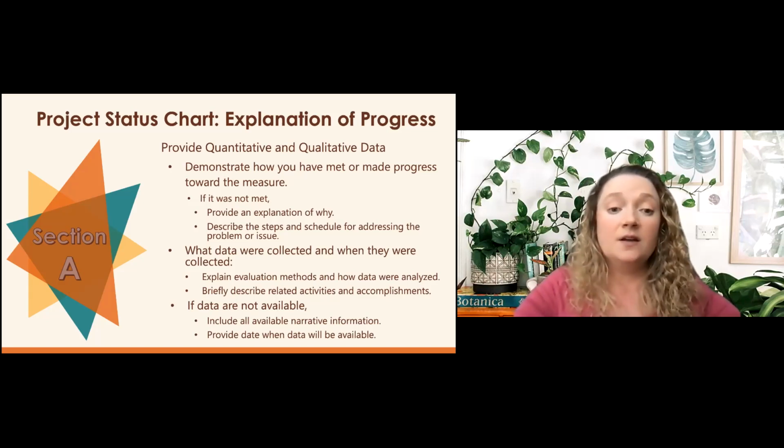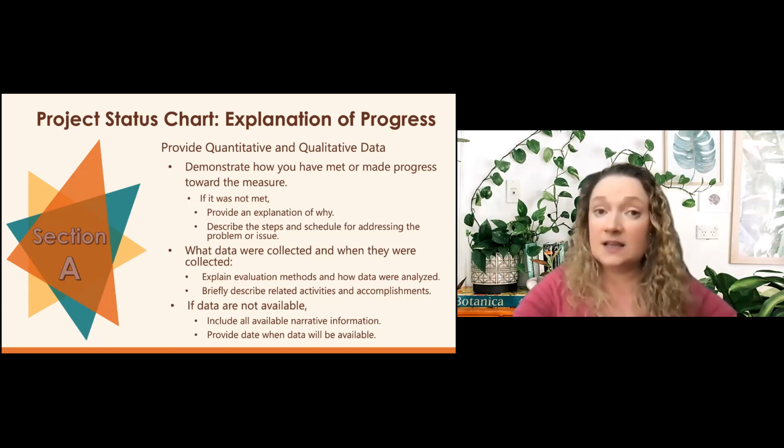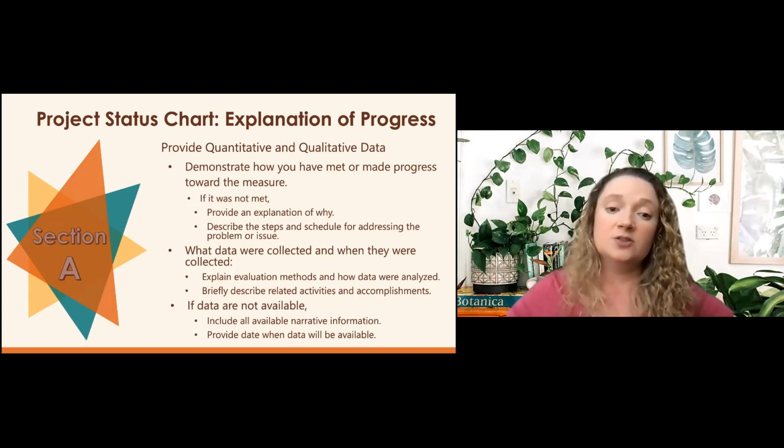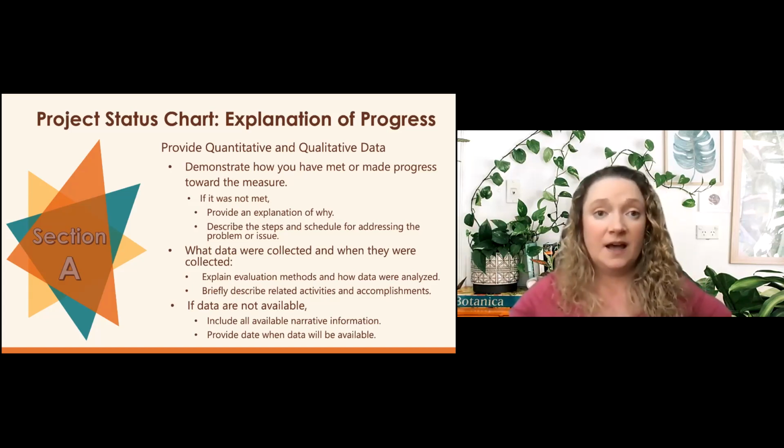If data is not available, again, that's definitely going to be a reality for most of us for some things this first year, but it's important to still talk through what is available. So maybe you don't have that student academic achievement data because you don't have kids in services yet.